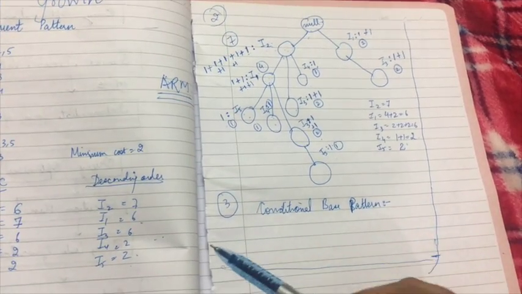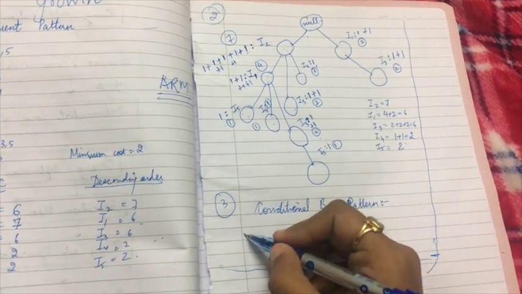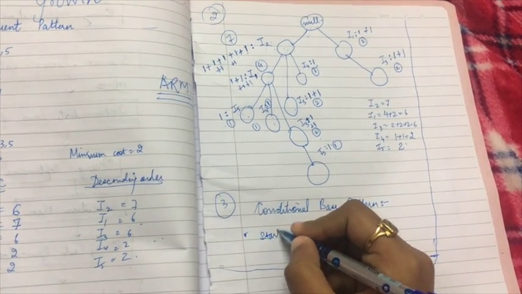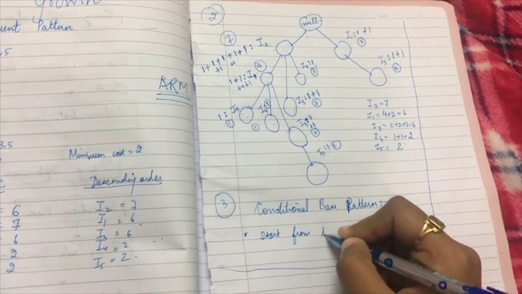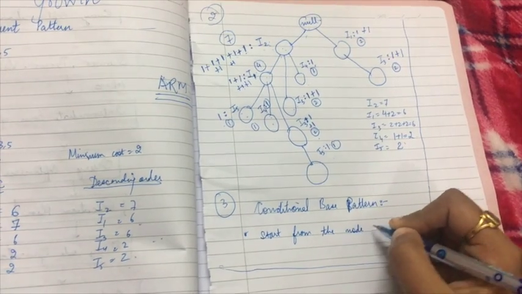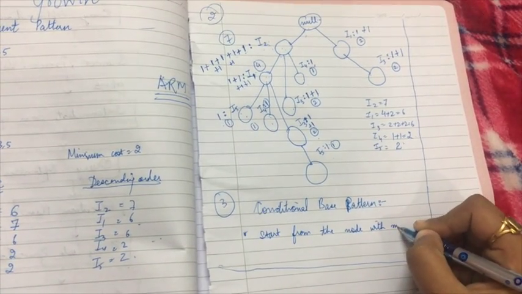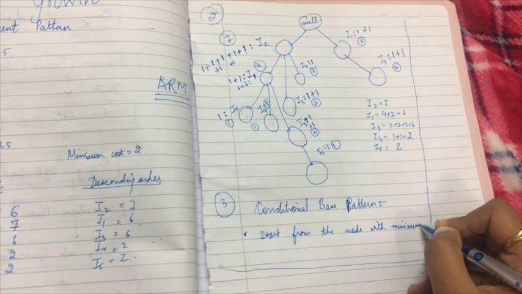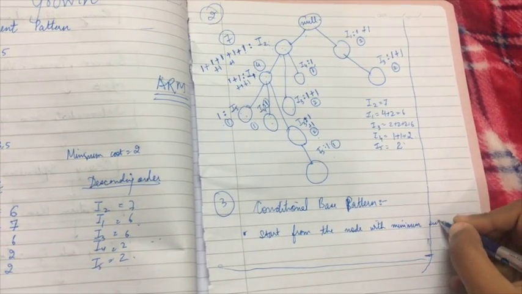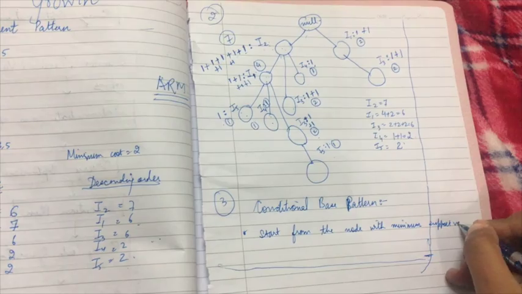We will not include the node. I'll write it down for you. Start from the node with minimum support value.